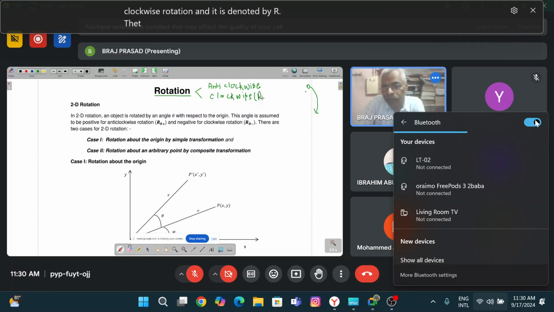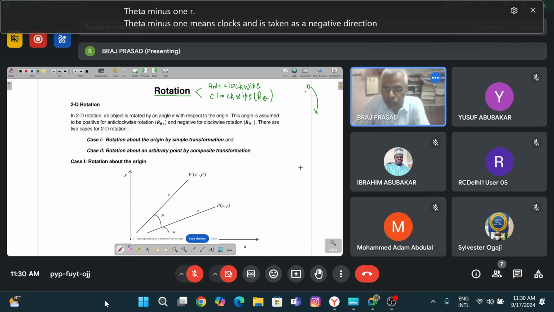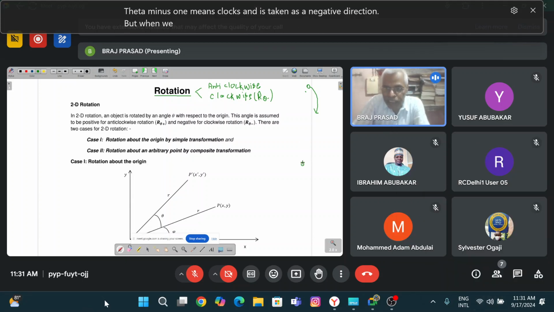R theta minus means the clockwise direction is taken as a negative direction. But when we rotate our object in the anti-clockwise direction like this, then it is called R theta plus, a positive rotation.